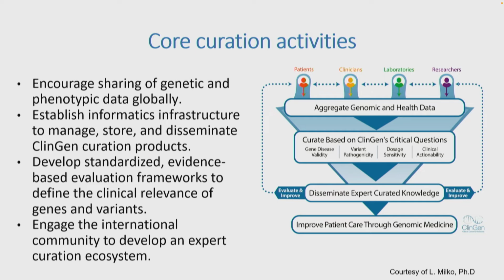And in order to do this, ClinGen encourages sharing of genetic and phenotype data. So again, hoping that people will publish their results in scientific journals. Also, clinical labs, they have a huge amount of data, so it can be really helpful when they share that data. And also registries, like the registry that the ACD is running as well.